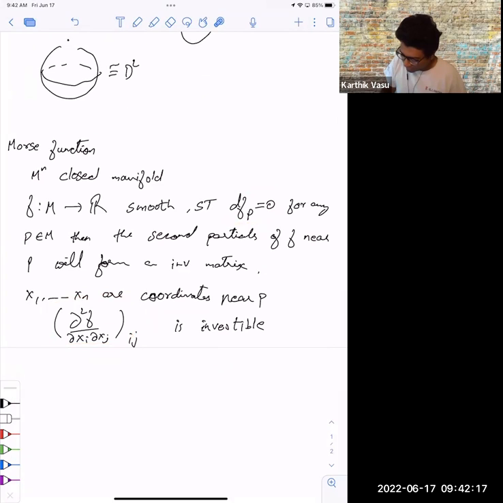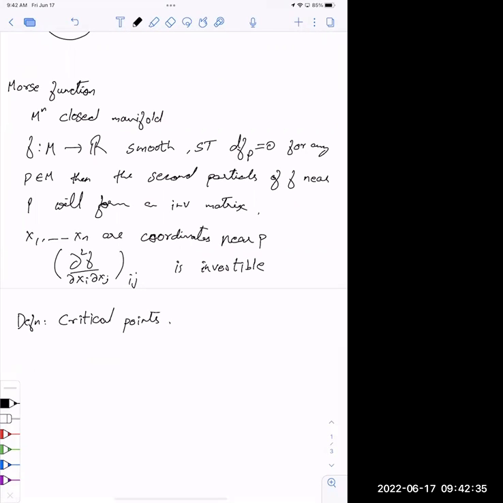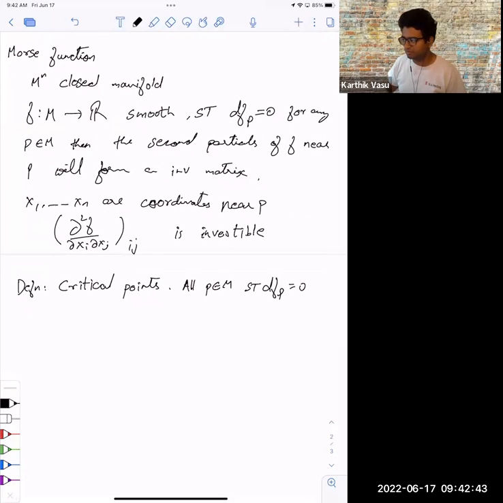And the points where the derivative is 0 are called the critical points. So we define it. Yes, so those will be critical points.